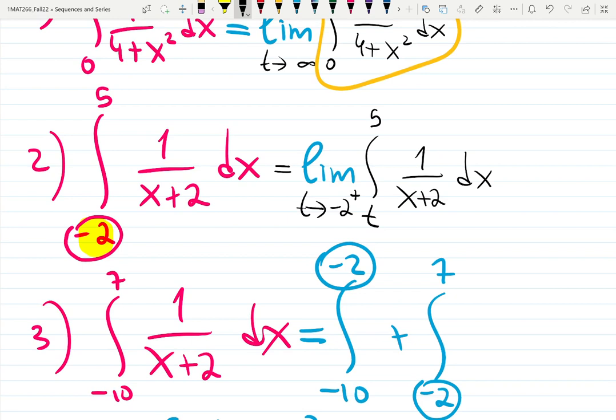We're teaching you the difference between the right and the left. From minus 2 to 5, we're approaching from the right, so it's plus. Calculations will not change, so if you forget that, you'll get the right answer anyway. But you need to be careful so you don't blow everything up when you approach from the left. It just doesn't exist from the left.